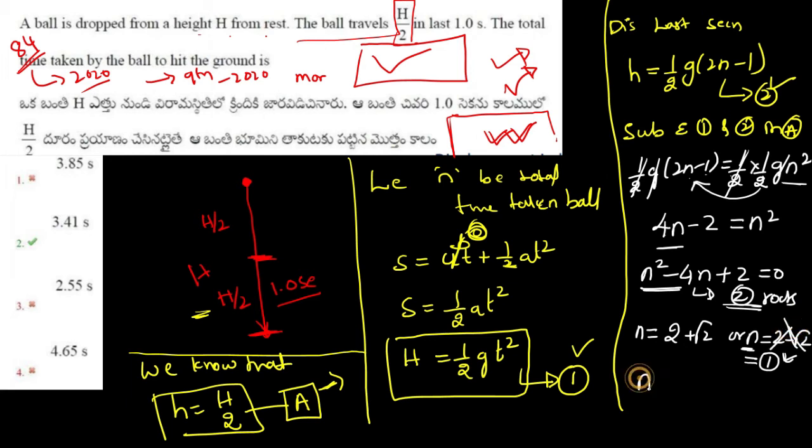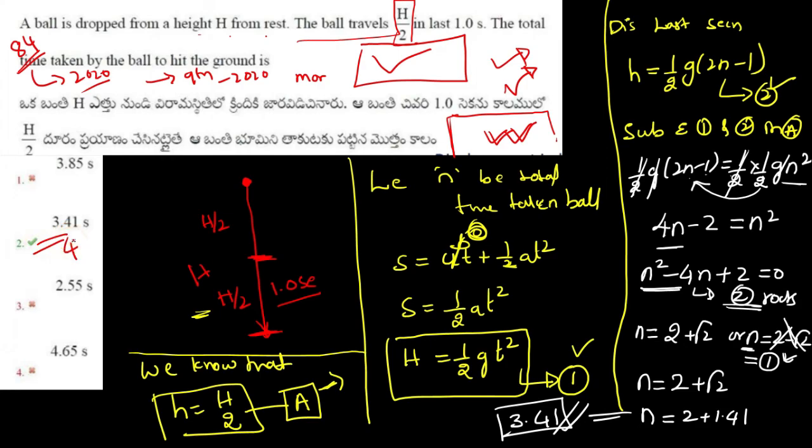So n is equal to 2 plus root 2, which is 2 plus 1.41, which is equal to 3.41, which is your answer. So finally the answer is 3.41 seconds.